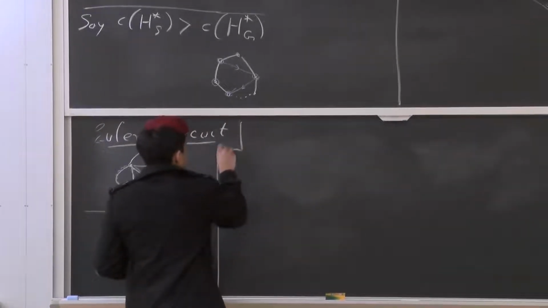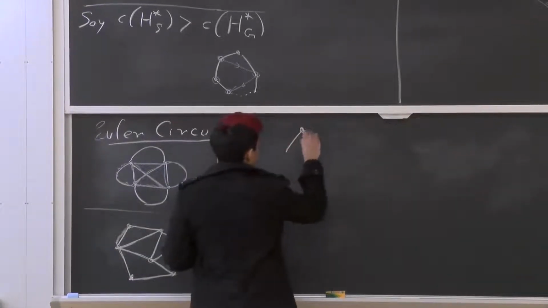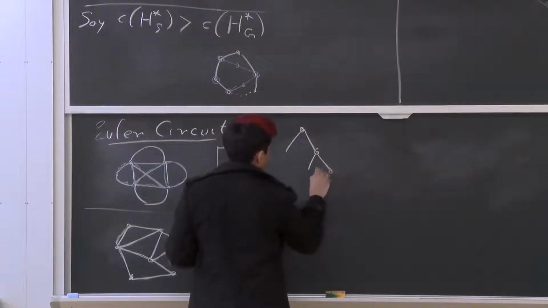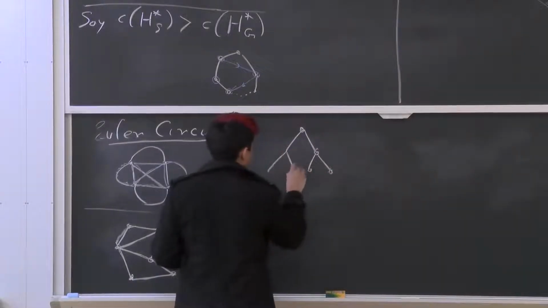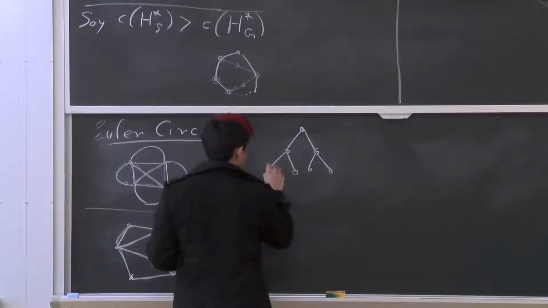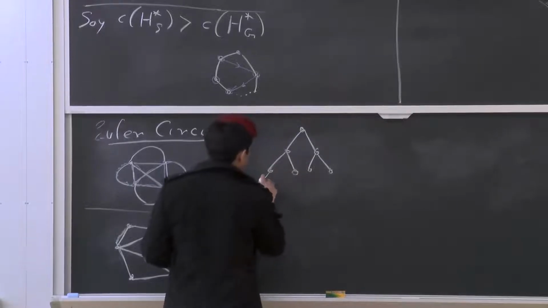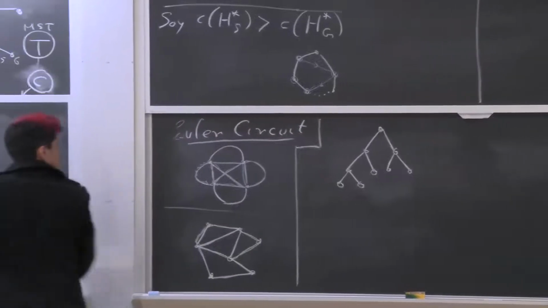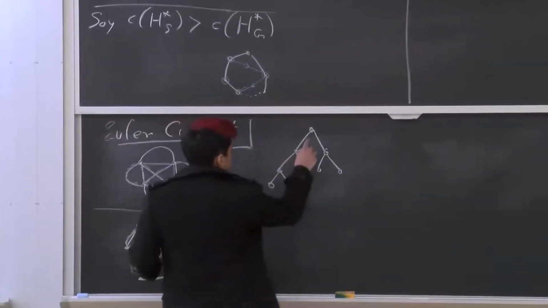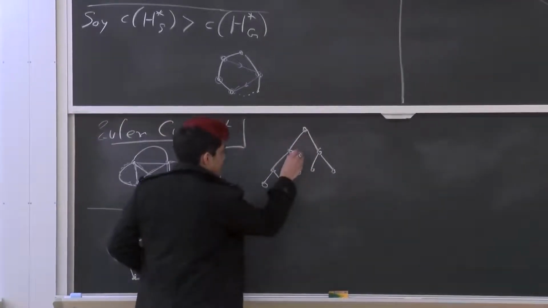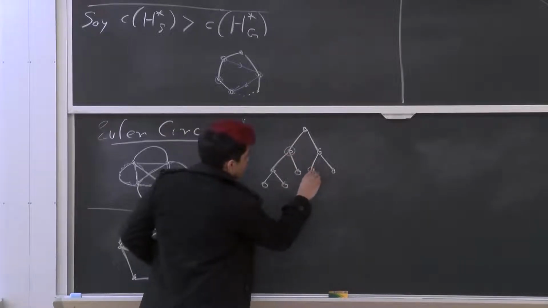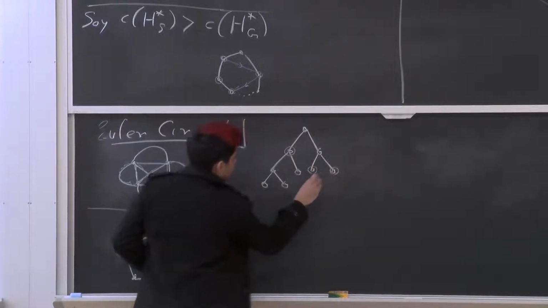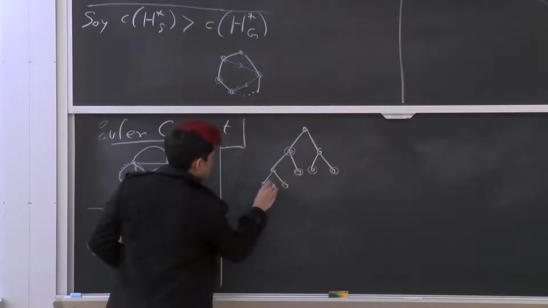So what you do is, you go back to your tree. So now let's see. This is degree 2, that's good. This is degree 3, that's not good. Degree 1, this is fine. This is degree 1. This also has degree 1.